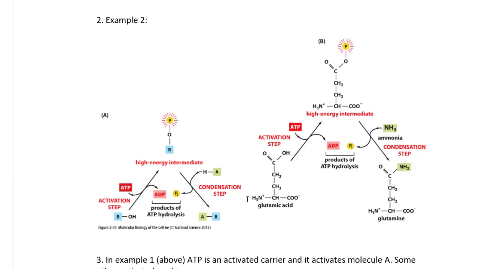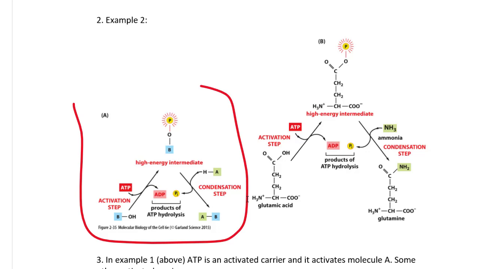We have this example here that is very similar to the example that we had above. Here we have our BOH, HA right here, or AH, and we have ATP hydrolysis occurring right here.